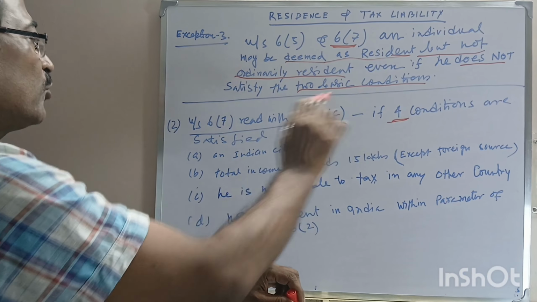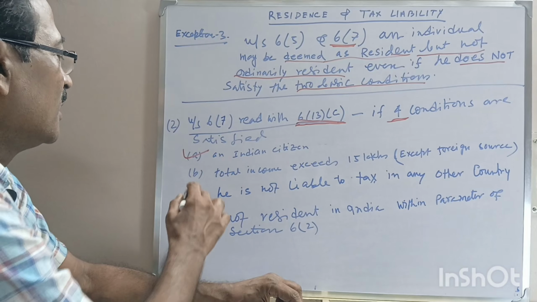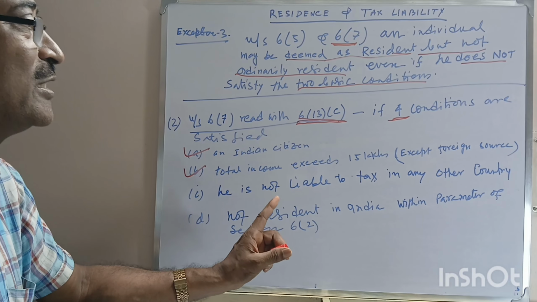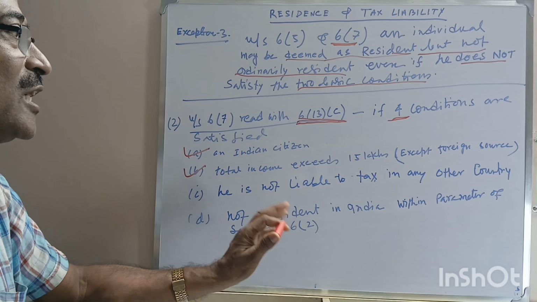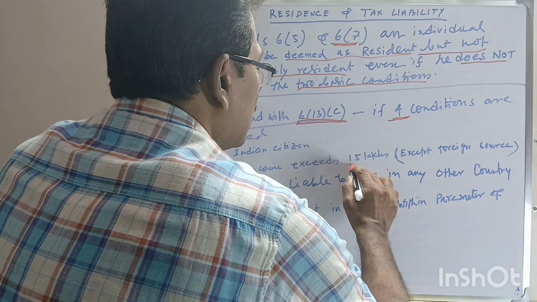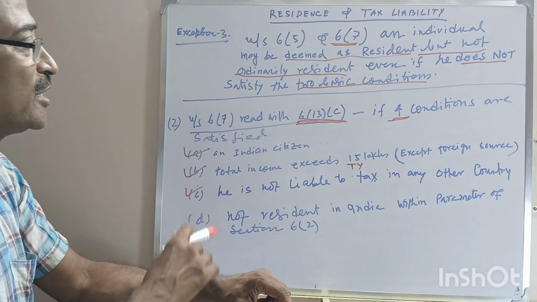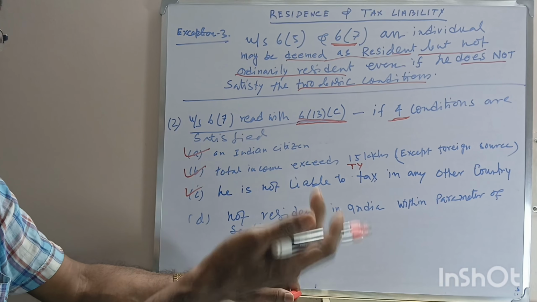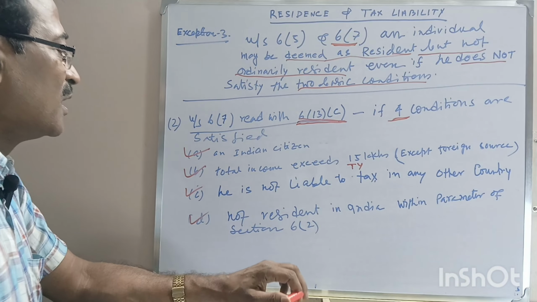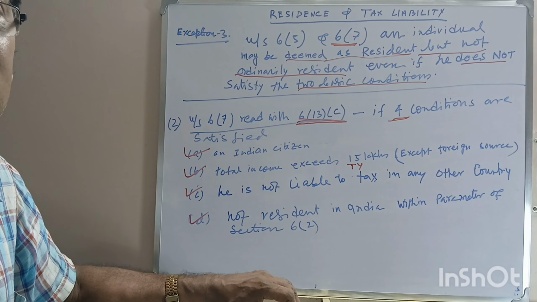The 4 basic conditions are: he is an Indian citizen; his total income exceeds 15 lakhs during the relevant tax year, except foreign sources; he is not liable to pay tax in any other country or region by virtue of his domicile; and he is not resident in India within the meaning of section 6 subsection 2.